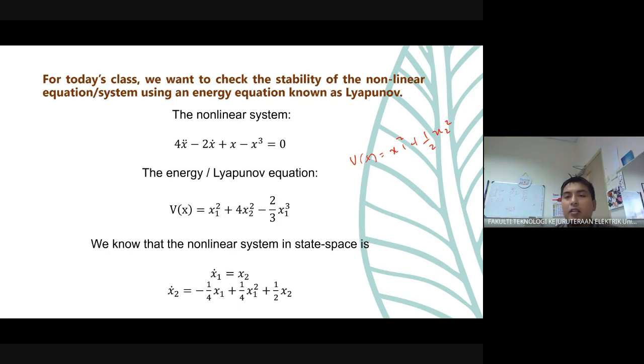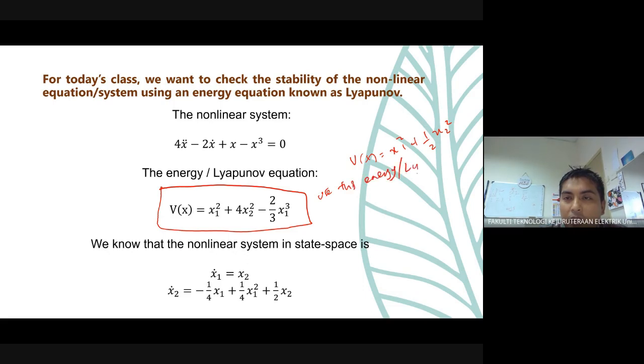It can be any. In this example, I use this energy or Lyapunov equation to check the stability.